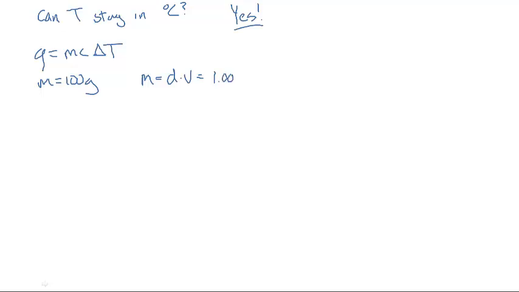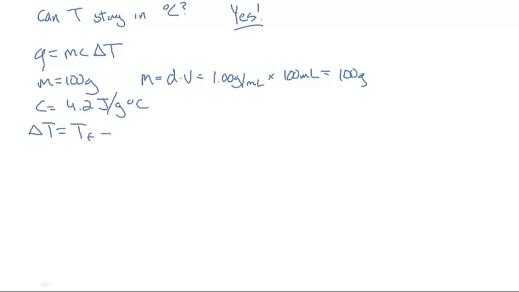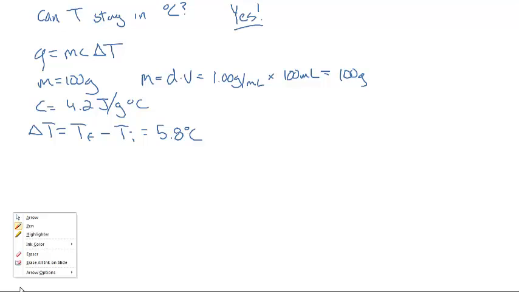Density is 1.00 grams per mL times 100 milliliters equals 100 grams. c is 4.2 joules per gram degrees Celsius. And delta T is equal to 5.8. All right. So we multiply these together.